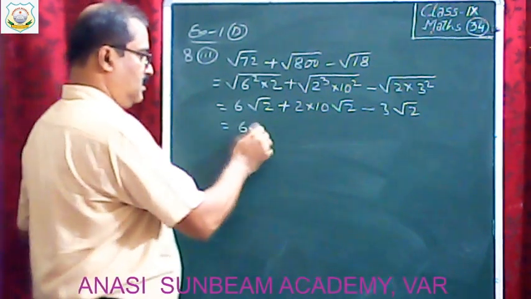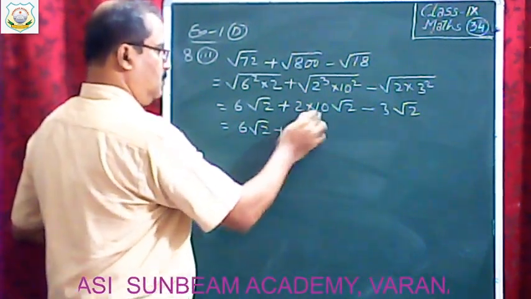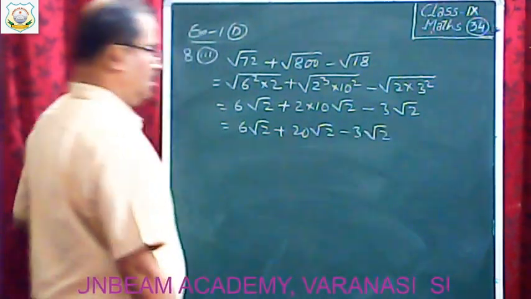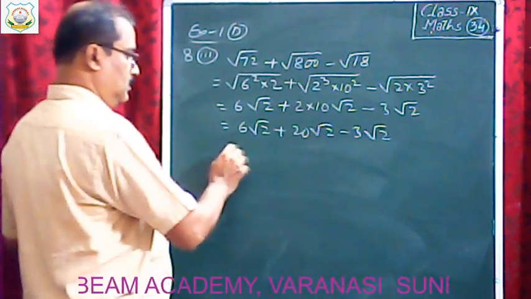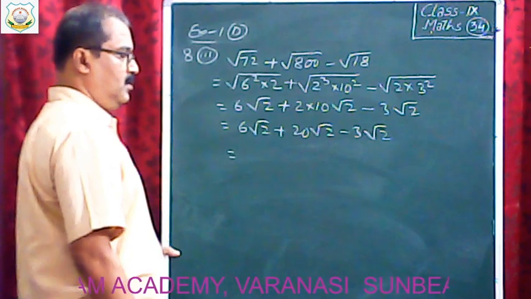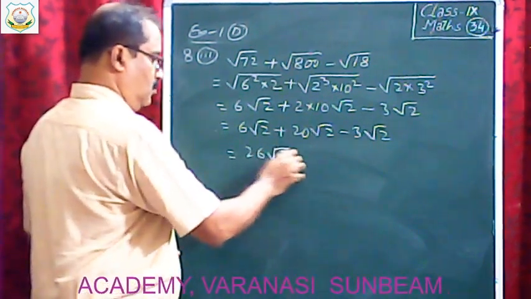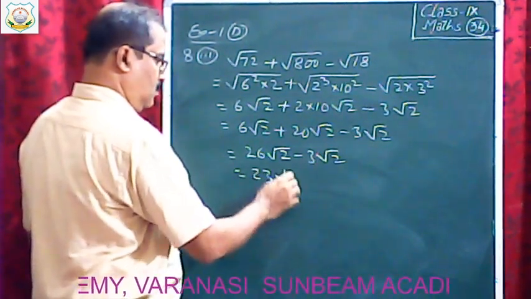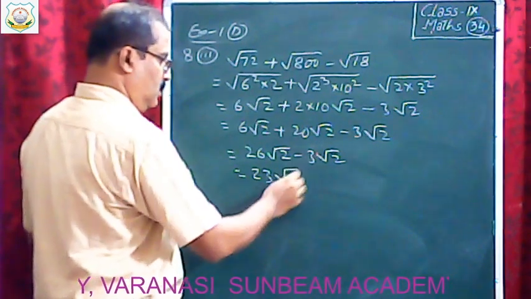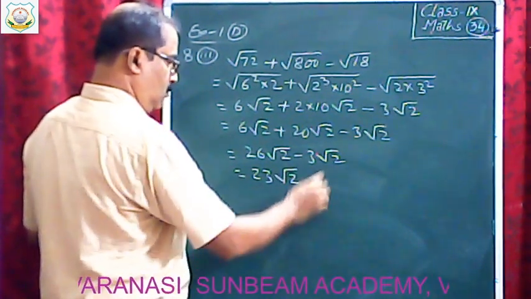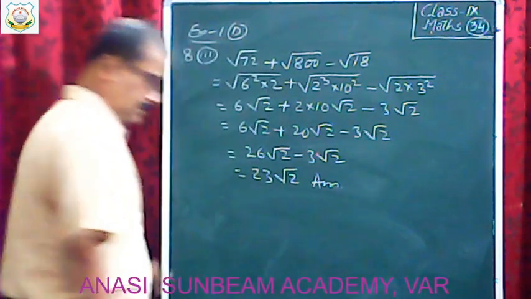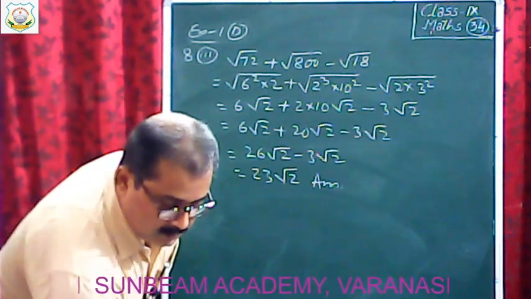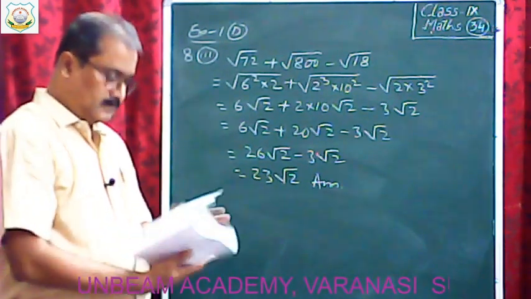Now simplify. 6 root 2 plus 20 root 2 minus 3 root 2. 6 root 2 plus 20 root 2, 26 root 2 minus 3 root 2, 23 root 2. That is your answer. Okay, the simplification of irrational numbers that we have done.